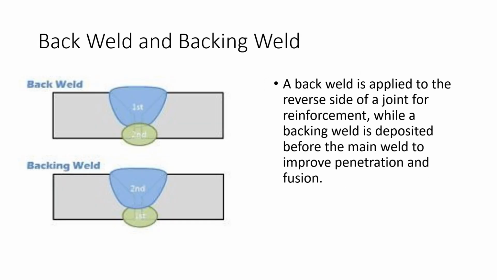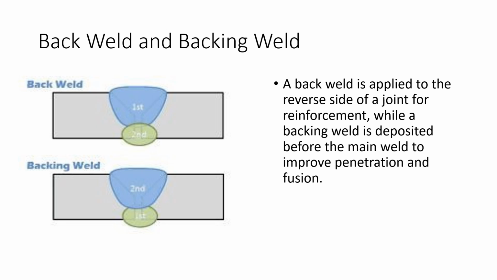Backing weld and back welding. A back weld is applied to the reverse side of a joint for reinforcement, while a backing weld is deposited before the main weld to improve penetration and fusion. So with a back weld, we do the first side, we do our weld, and then we come in from the back side, we chew out a bunch of material, and then we put a weld bead back there.